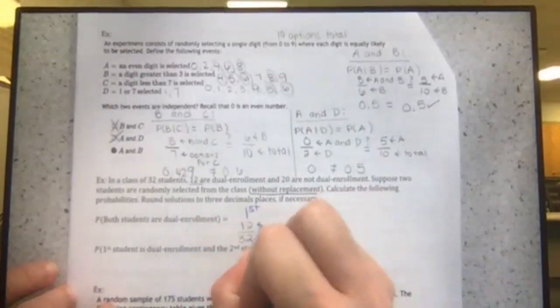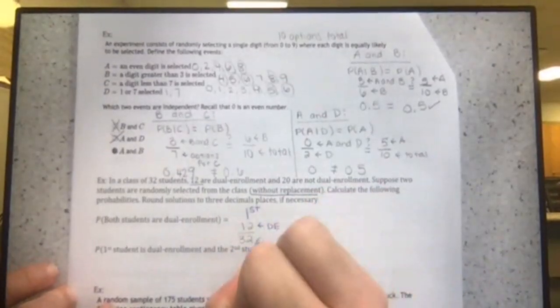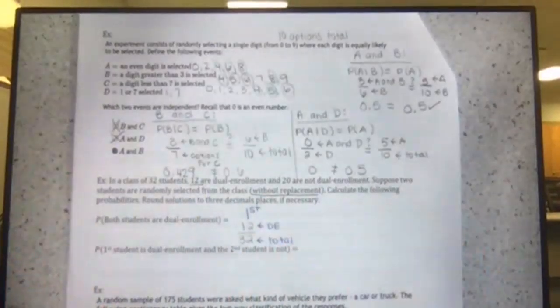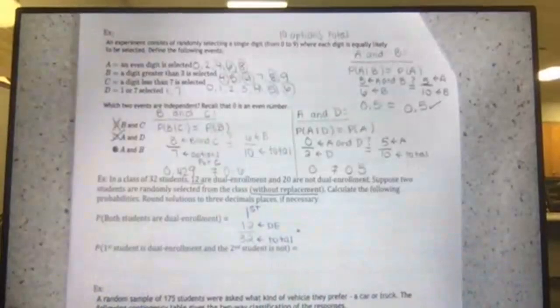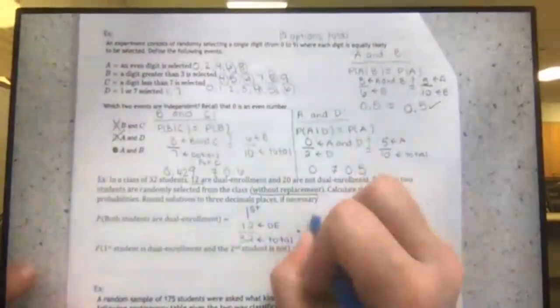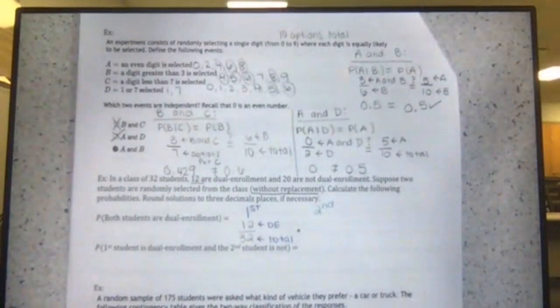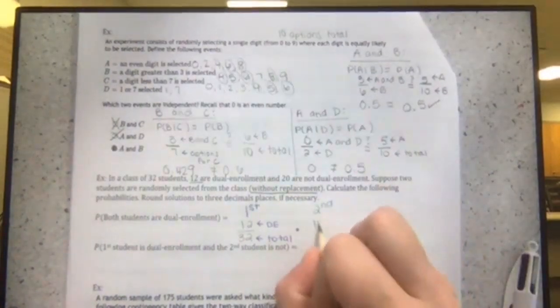So 12 dual enrollment, so this would be D, dual enrollment, out of 32 total. And then we're going to multiply this by the second option. Remember, that student is taken out of the class and not put back. So if that one student is taken out and not put back, how many dual enrollment students are left over? 11.